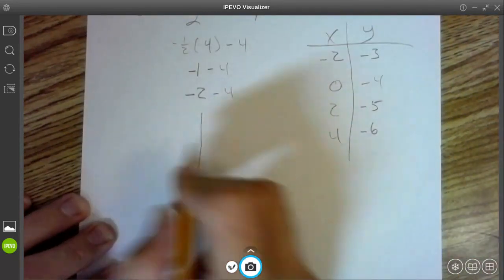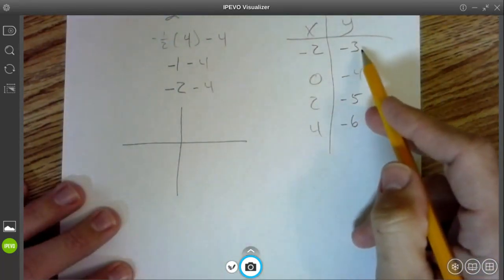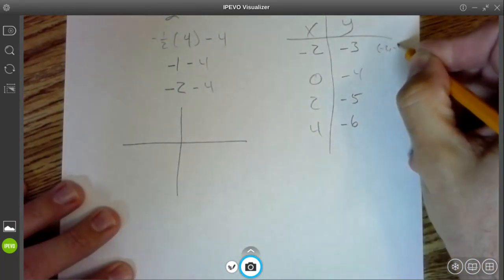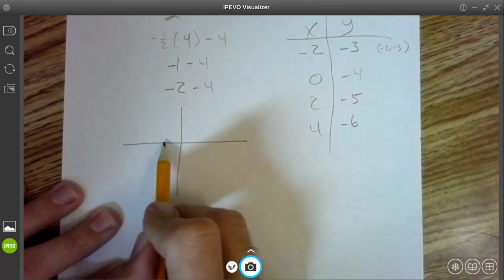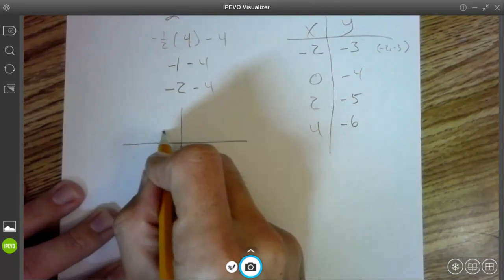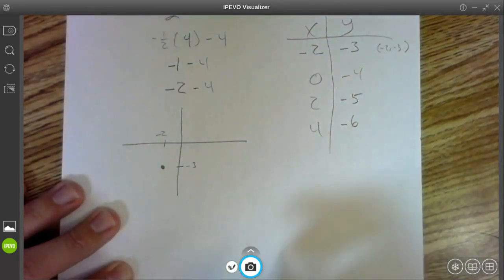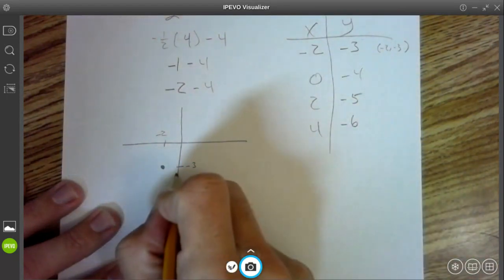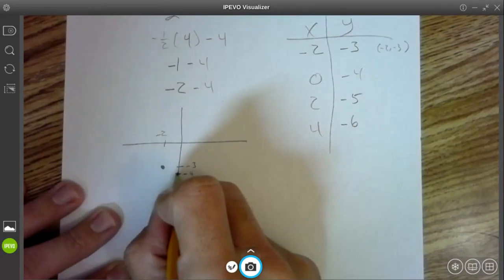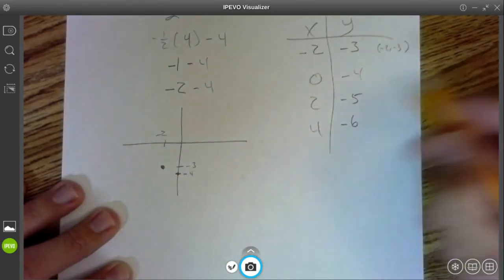So let me plot those. So -2, -3. That's left 2, down 3, somewhere in that neighborhood. Okay. 0, -4. 0 to the left and right, and down 4, something like that. 2, -5.